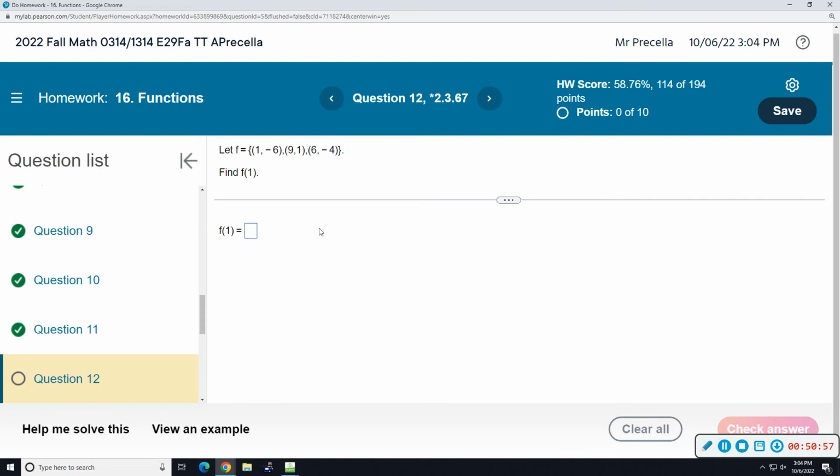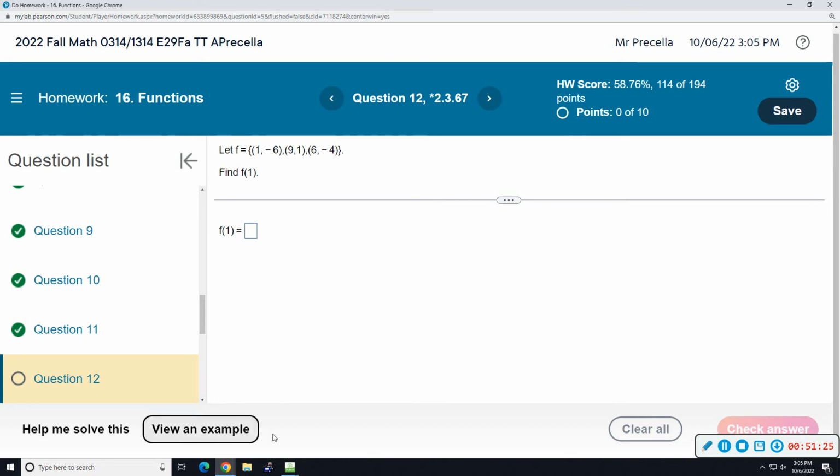Let me write it down. F equals, we have these ordered pairs, 1 comma negative 6, 9 comma 1, and 6 comma negative 4.